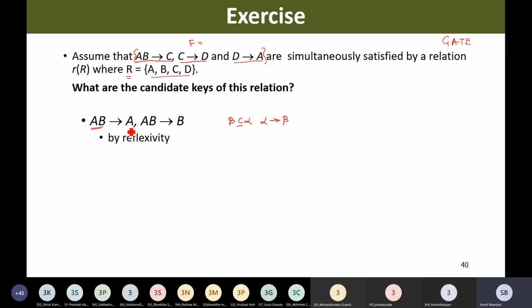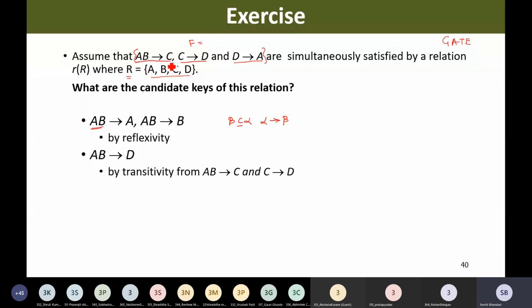So A is a subset of AB, so I may come up with AB to A, and I may come up with AB to B. Now I have these two functional dependencies. AB to C is already provided.